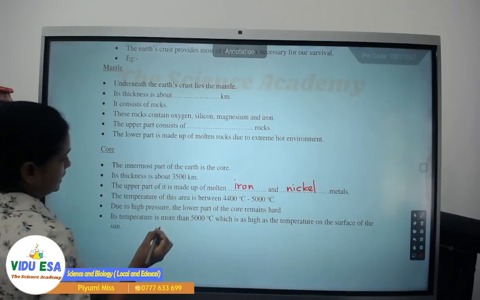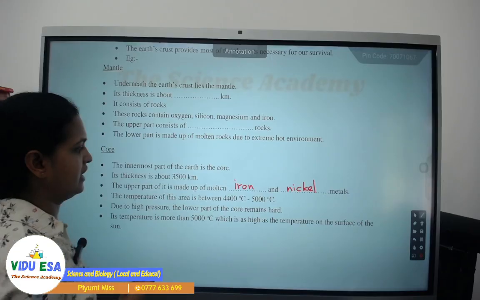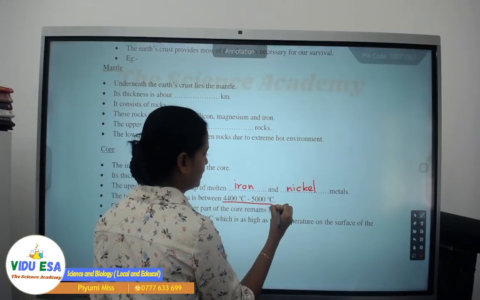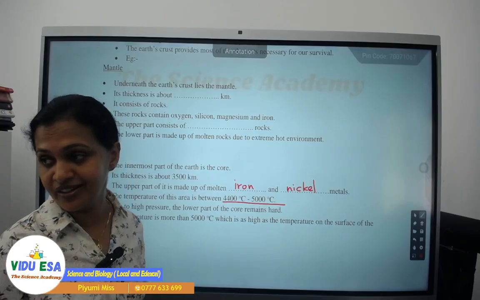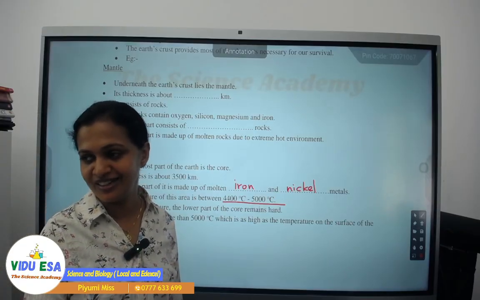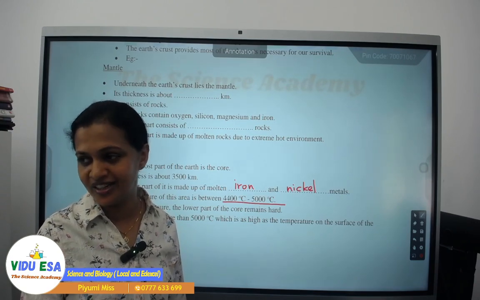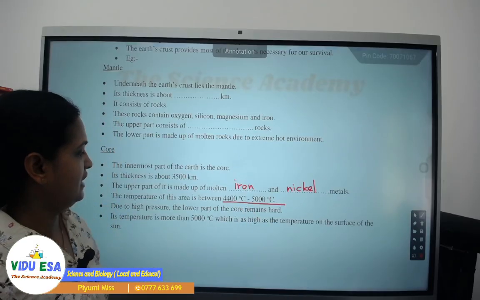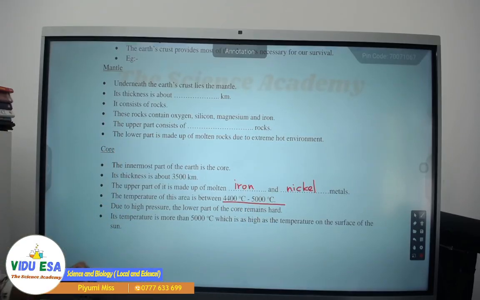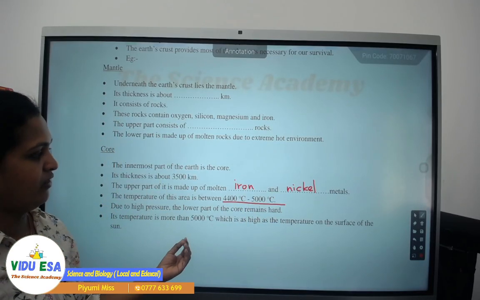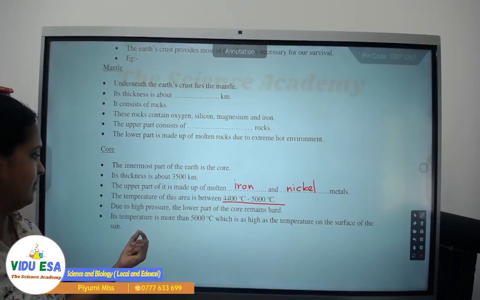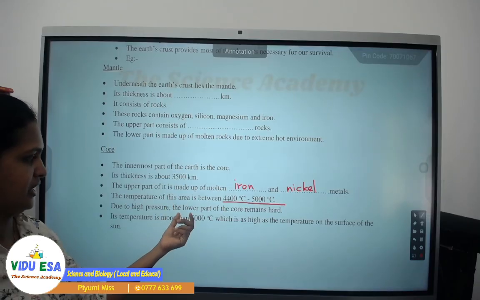The temperature, can you imagine, of this area is between 4,400 to 5,000 degrees Celsius. We can't think of touching boiling water, right, which is only 100 degrees Celsius. But here in the core, the temperature is 4,400 to 5,000 degrees Celsius, right, due to high pressure.